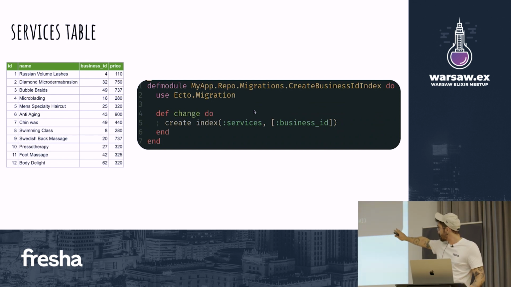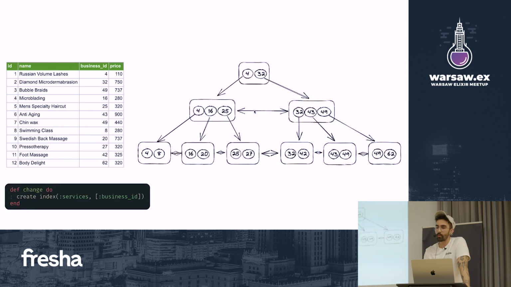So when you run this Ecto migration on your system, Postgres is going to create an index that looks something like that. That's a simplified version of the B-tree from that table that Postgres would create.